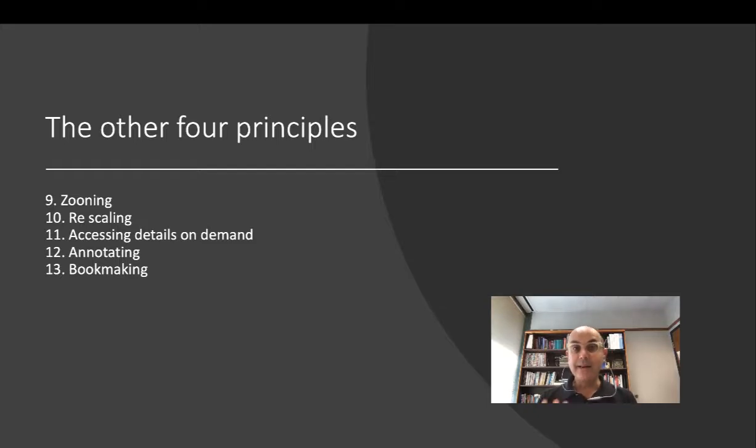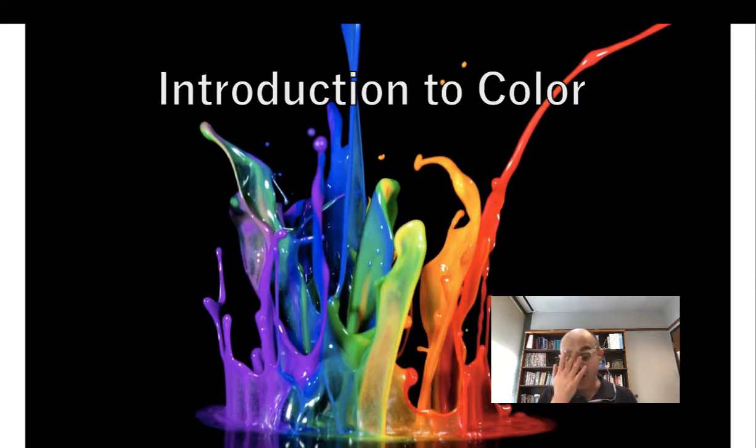So the other four principles: zooming, rescaling, details on demand, and annotation and bookmarks are part of it, and I will come back to it later on in module number 4.